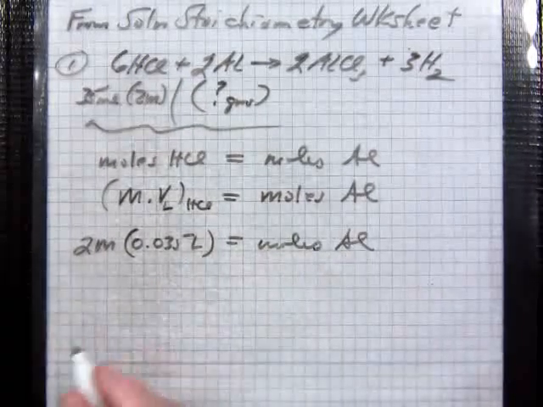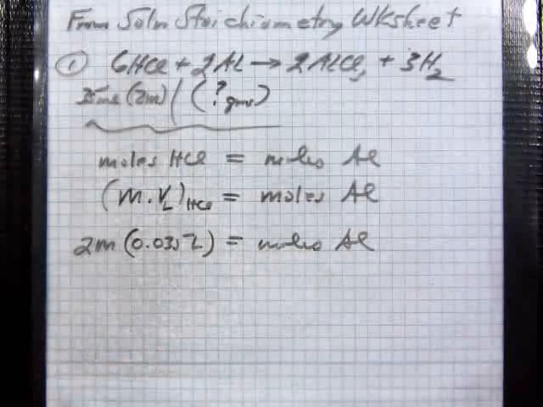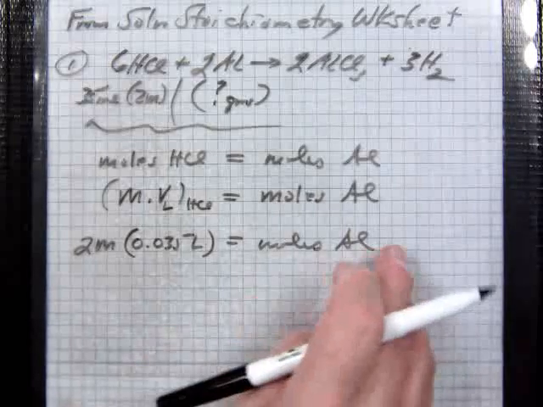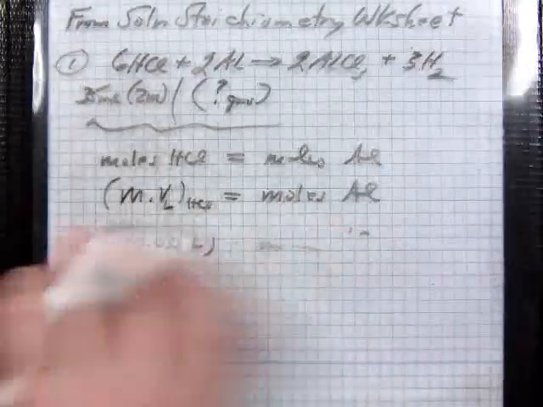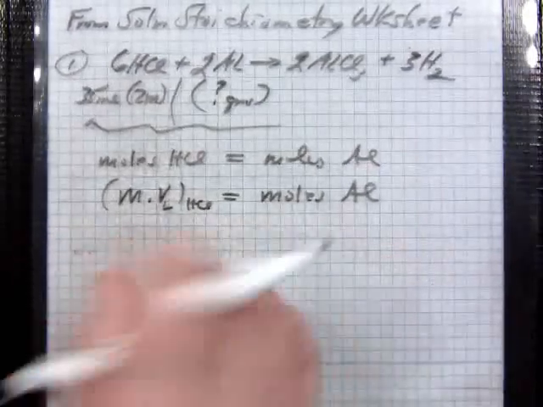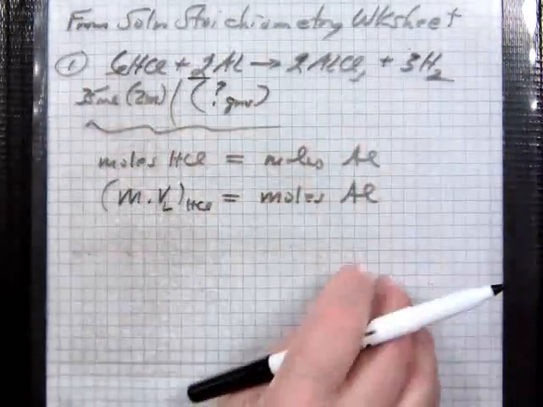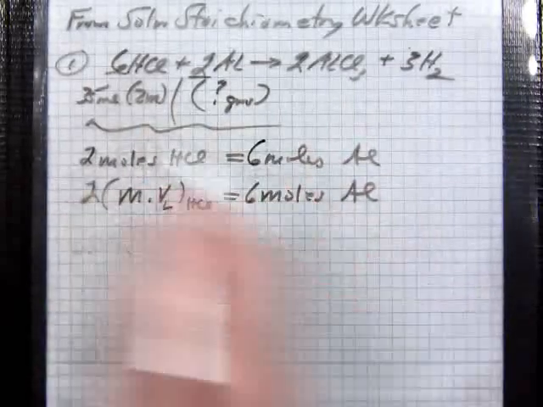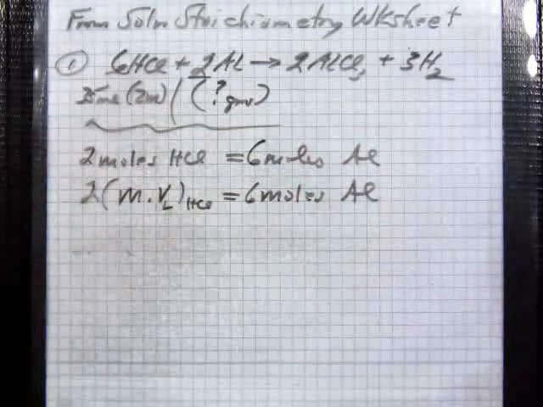And so 0.7. Oh, wait a minute. Somebody's going to pinch my head off here. My bad. We forgot to go the coefficient route. 2 and 6. 2 and 6. My bad. Okay. Should be 2 and 6 right there. Carried away.